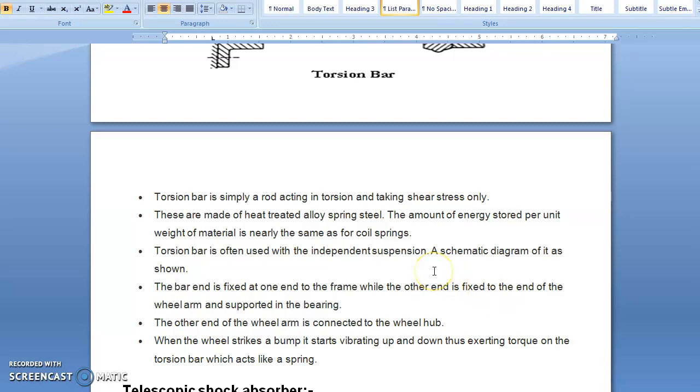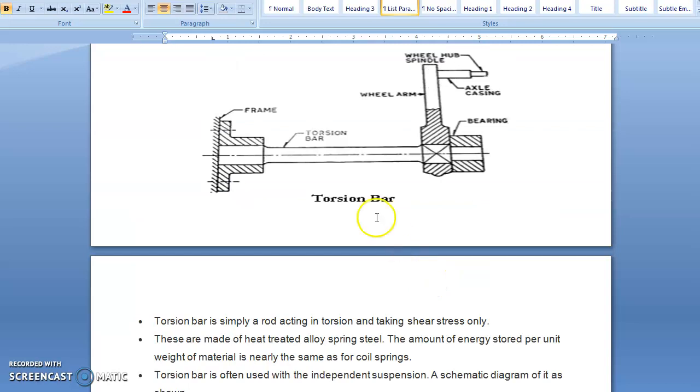When the wheel strikes a bump, it starts vibrating up and down, thus exerting torque on the torsion bar, which acts like a spring. We can find the frame, and this is the rod I am talking about. This is the torsion bar, and here is the position of the axle casing and the position of the bearings.